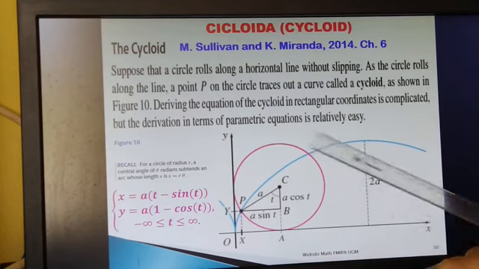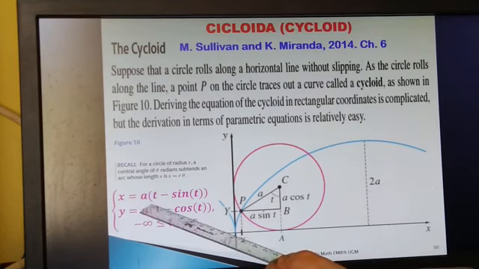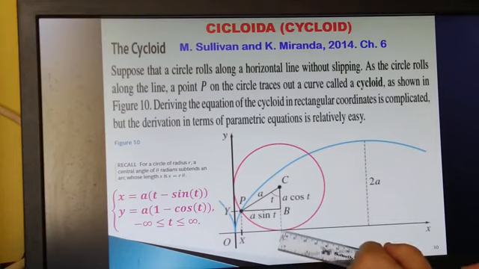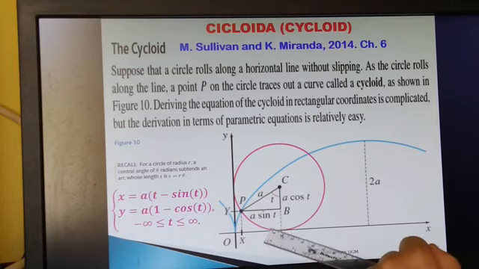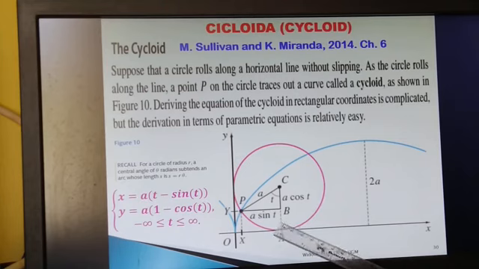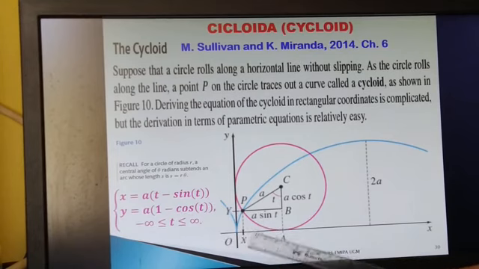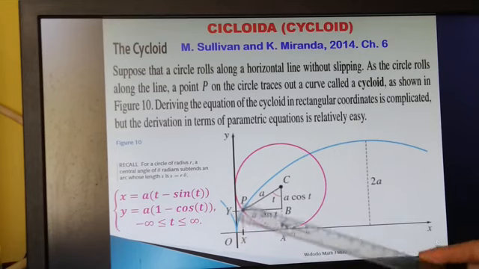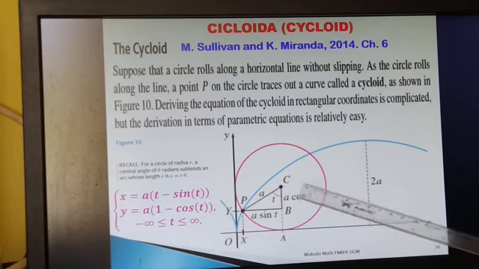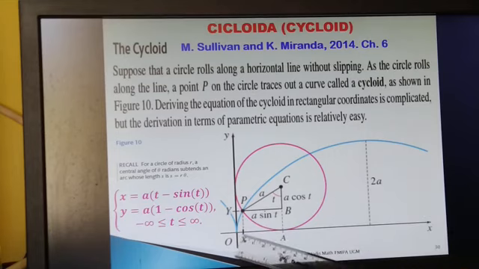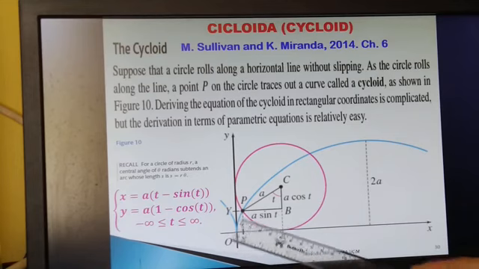If we have a circle with radius a, then we slide it from 0 one round to the right side, and we have the curve called the cycloid. That is actually the blue one.